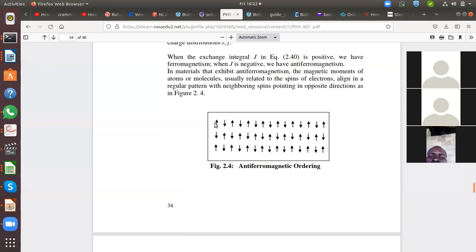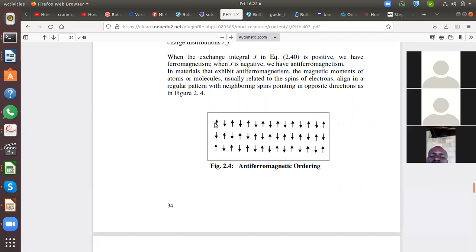So as a physicist, the total magnetization of this system is equal to 0. For any antiferromagnetic material, the total magnetic moment must be 0, because it is half. If you have 2 and divide it by 2, it will be 1, so 1 minus 1 will give you 0.